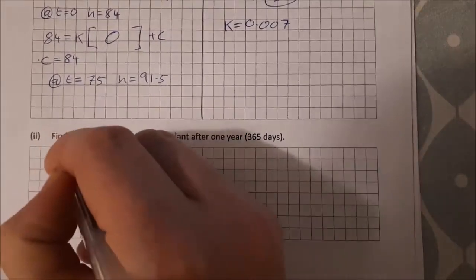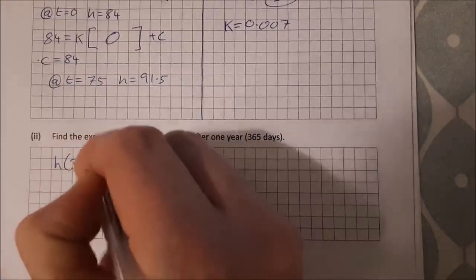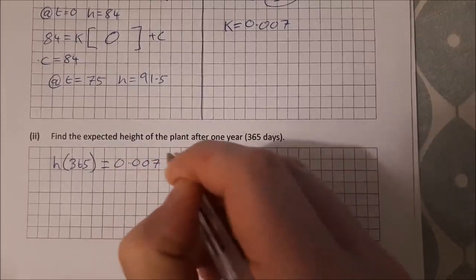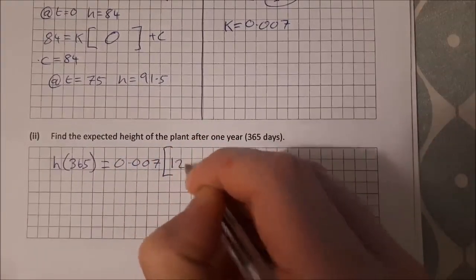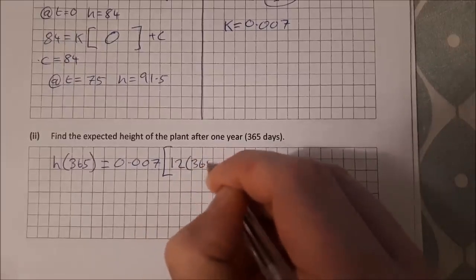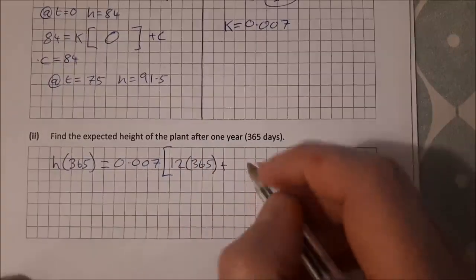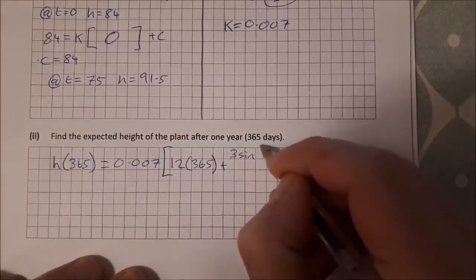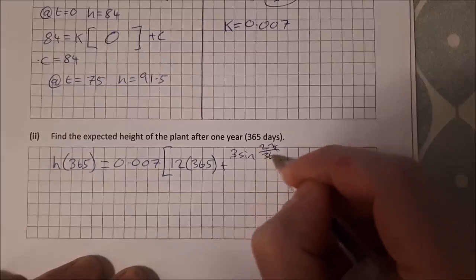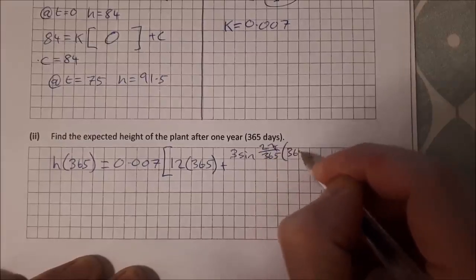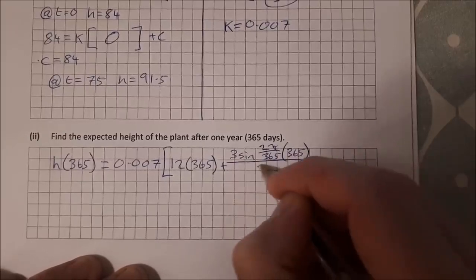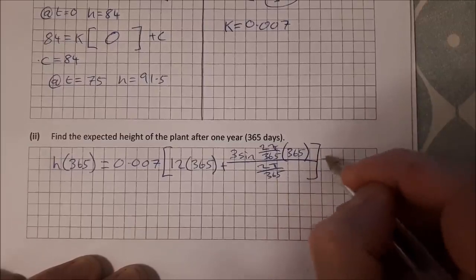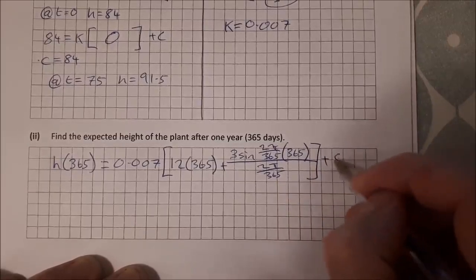So I'm just going to find the h of 365, which is subbing in 365, so 0.007 times (12 times 365 plus 3 sine 2 pi over 365 times 365 over 2 pi over 365) plus my 84.